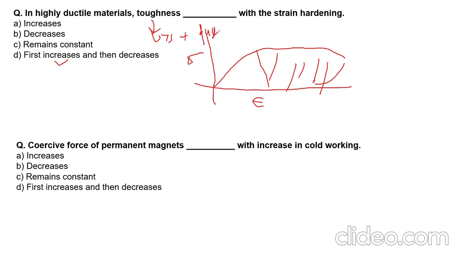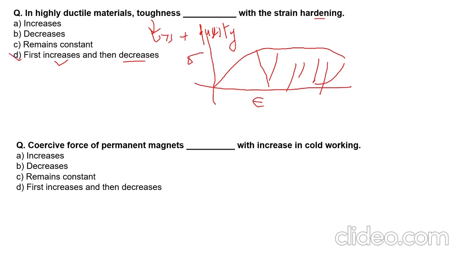In the initial stages of strain hardening, your ultimate tensile strength plays a role in increasing the toughness, but after a certain point, your ductility comes into play and your toughness will decrease. So the right option is that it first increases because of strain hardening, but because ductility has an inverse role to play here, it then decreases, right?